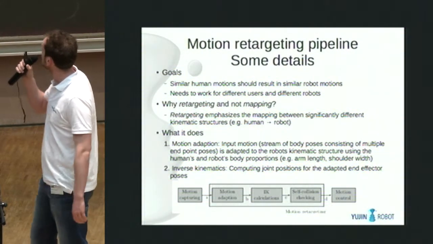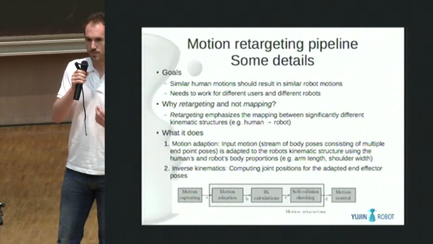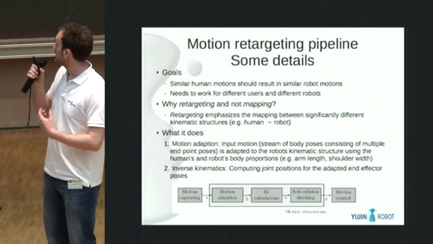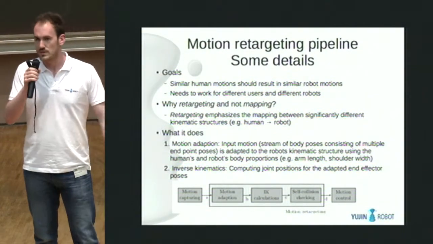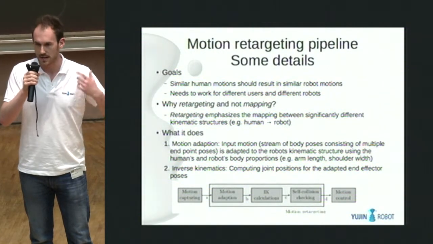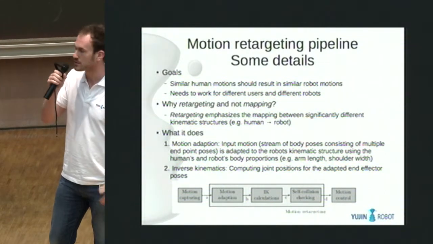What it basically does is take in the input motion, adapt it using body proportions of the human operator and also the robot, and then do inverse kinematics to transform those adapted end poses, like hands, wrists and head, to compute joint positions for motion control.